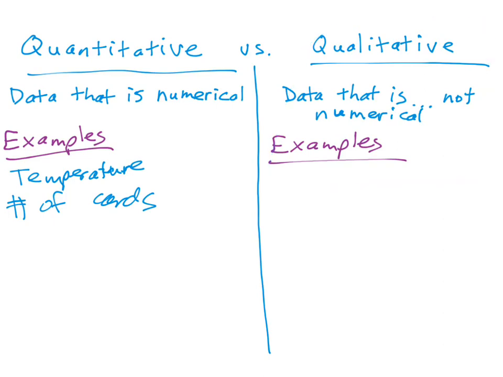Qualitative data is data that's not numerical. So colors are not numerical. Whether you're male or female, or other, I guess. That's not a number, and so that's qualitative. How someone's feeling, happy, sad, whatever, that's qualitative.